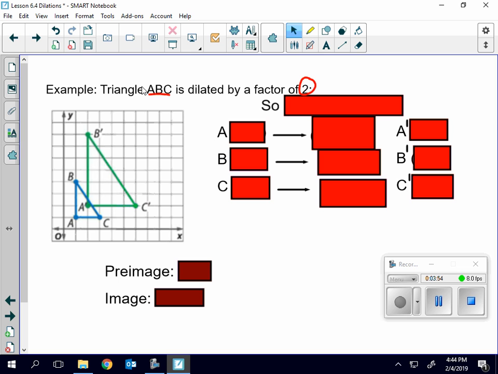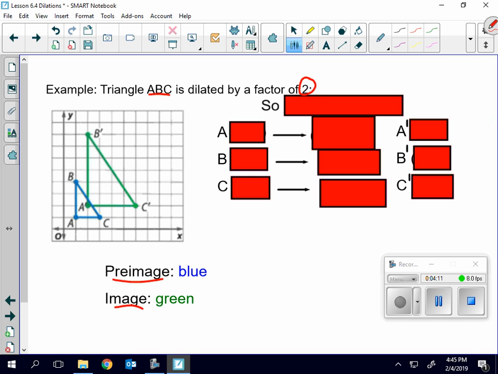And that has a name. The beginning piece is called the pre-image. Right here, the pre-image is our blue triangle. And the image is therefore our green triangle. We also know that because the green has the primes. A prime is there too.